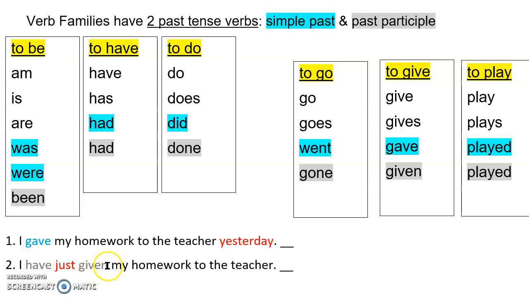So this is telling us that this verb is finished, but our time here just tells us very recently. This verb finished very recently. So you can use the present perfect to tell about a verb that finished very recently.